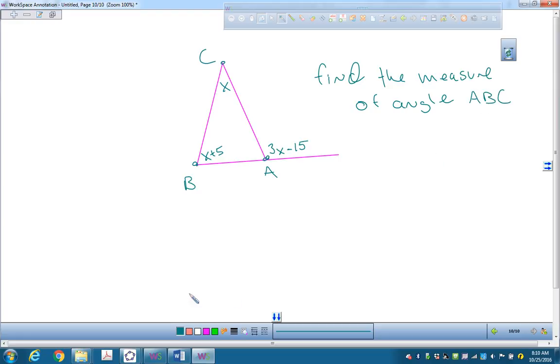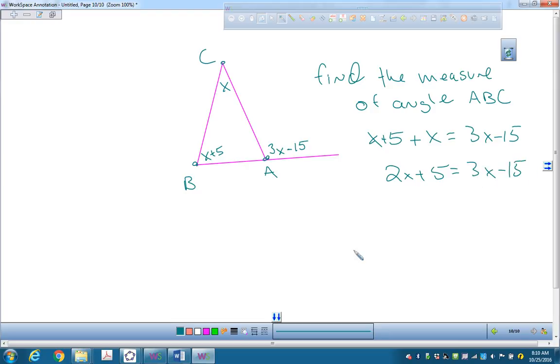Who can tell me how to do that? Algebraically. Go ahead, George. X plus 5 plus x equals 3x minus 15. Right? Yeah. And then 2x plus 5 equals 3x minus 15.